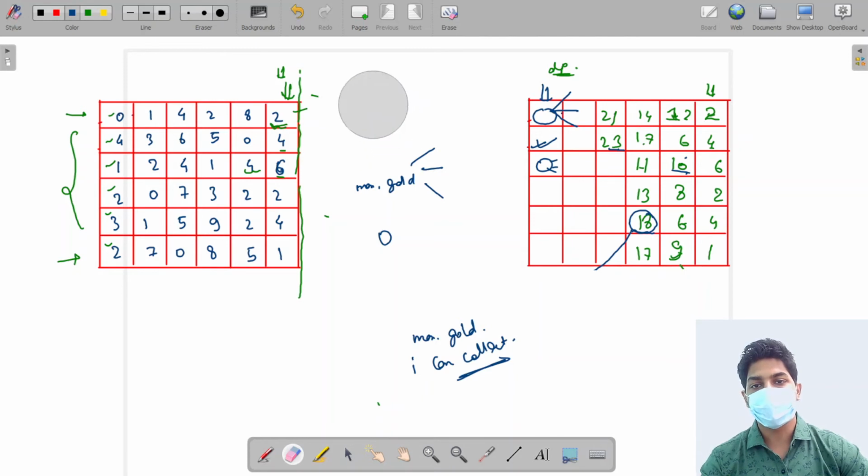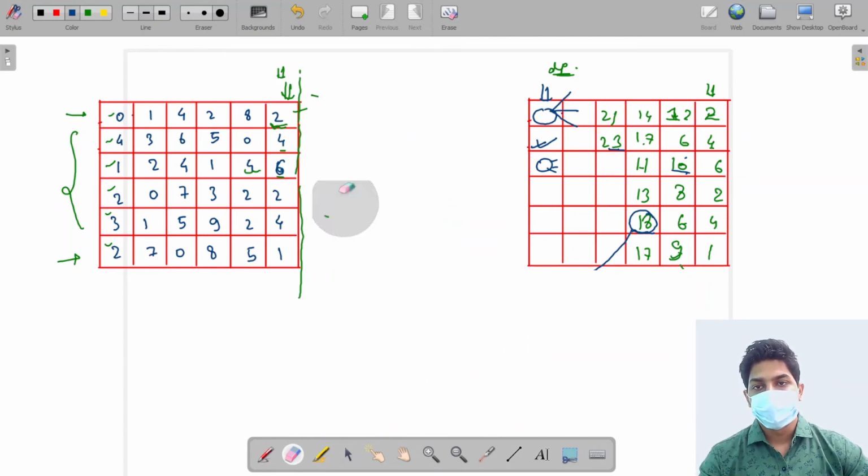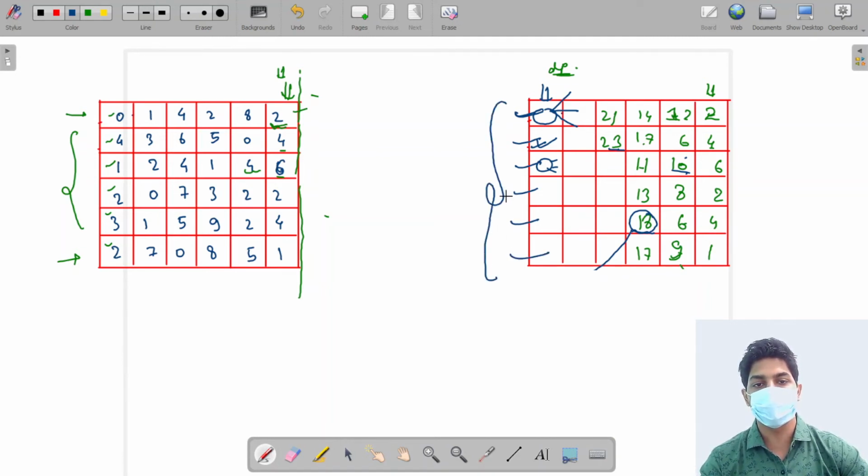So how will we calculate our answer? After filling this table, the maximum gold will be stored if we start from this cell. Same for this cell, same for this, and this. So what we have to do is that after filling this dp table, we can take the maximum of the first column in the dp table. Since at dp of i comma 0, what is stored?